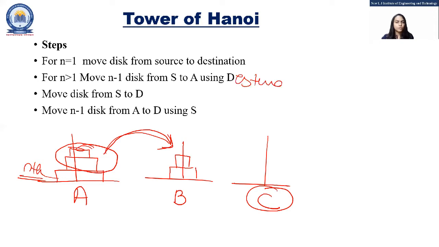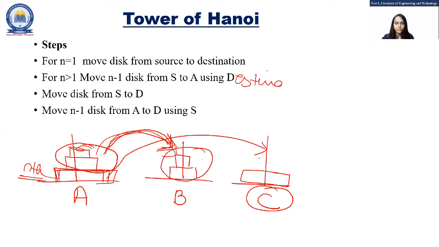We can make use of C, but these n-1 should go into B. Now again we are left with 1. If n-1 are shifted to B, we are left with one disk at A, and that will be transferred to C. So we will move from source to destination, right? And now again the remaining disks will be shifted from B to C using A.